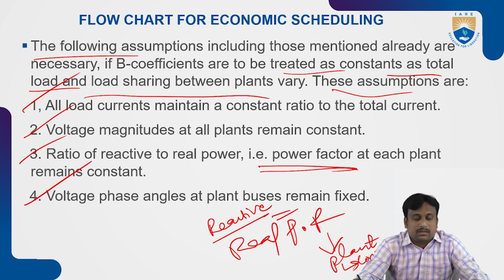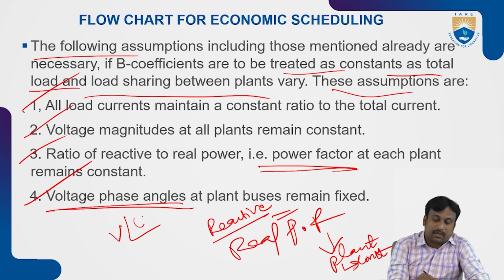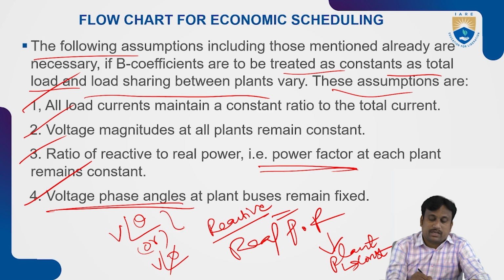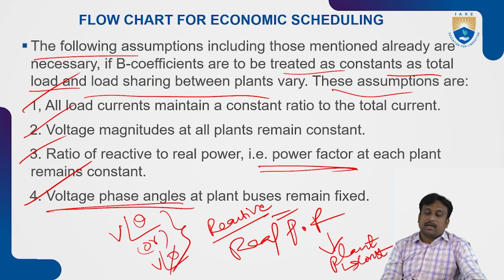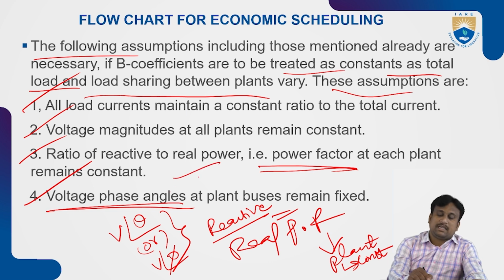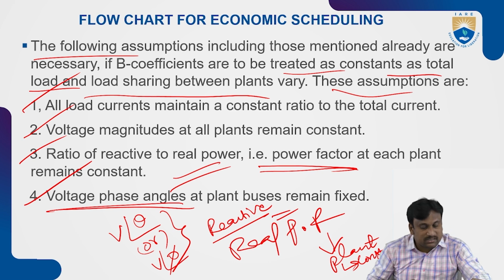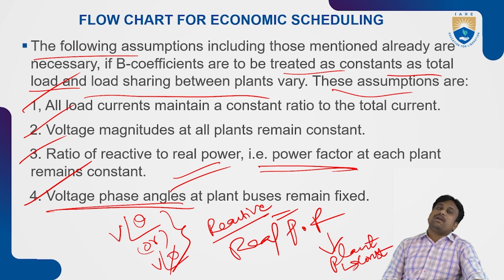Now another assumption is voltage phase angles. It may be V at an angle theta or V at an angle phi. Voltage phase angles at the respective plant buses remain fixed or constant. So these are the assumptions we must follow for suitable operation of economic scheduling of the power system network for a given period.